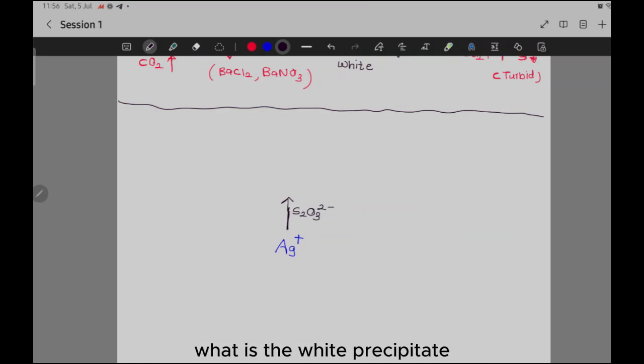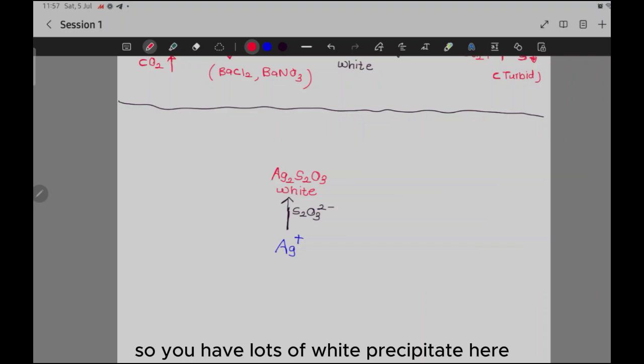What is the white precipitate? Ag2S2O3, which is a white precipitate. Again a white precipitate. So you have lots of white precipitate here.